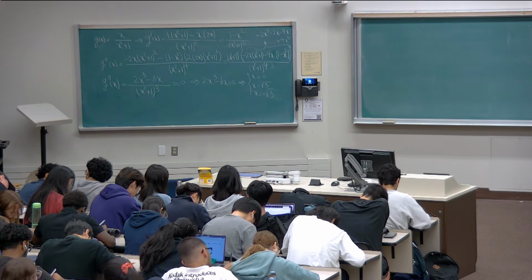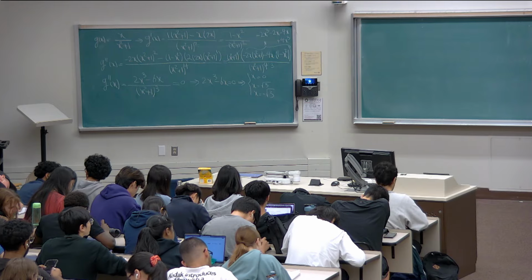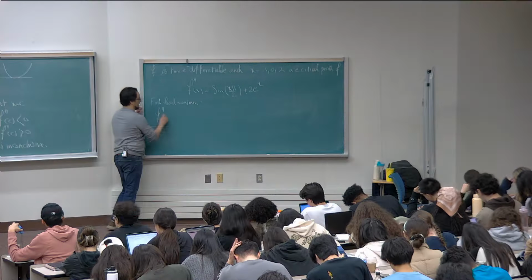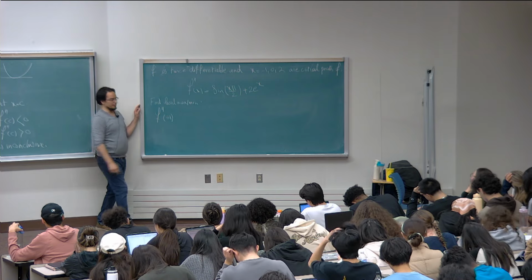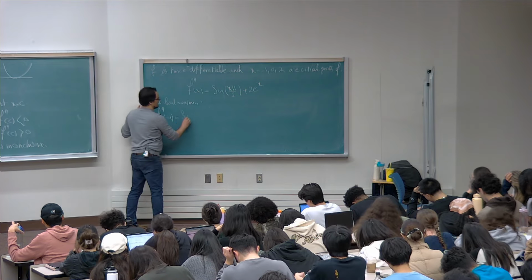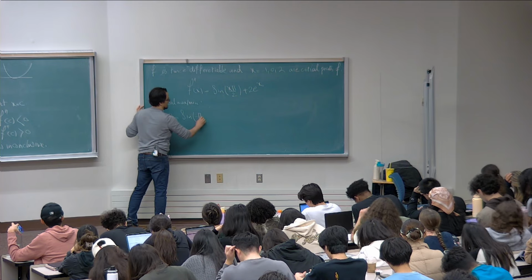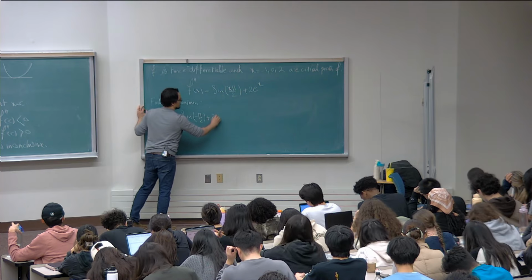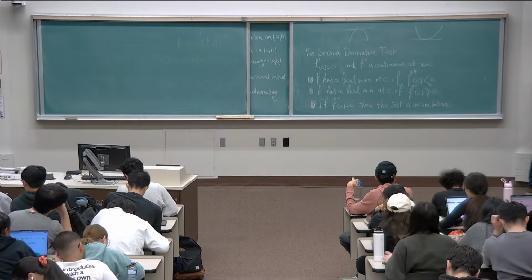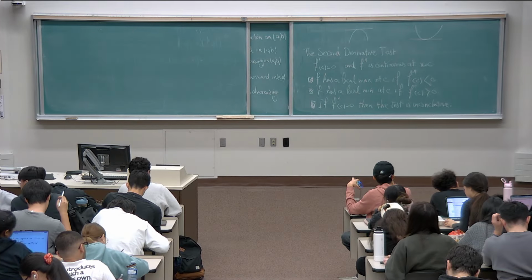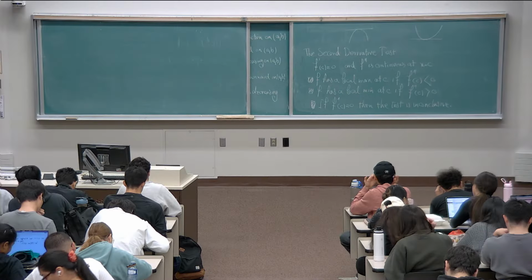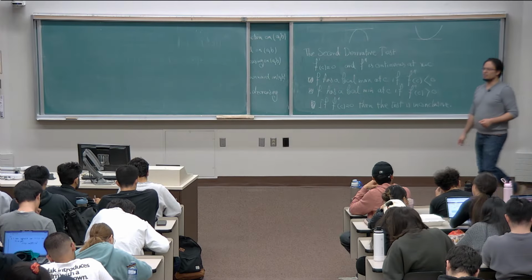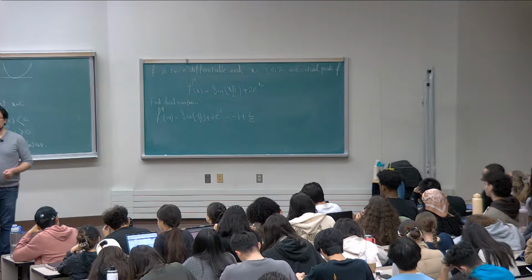We know the critical points, so we just need to plug into our second derivative. At negative 1, this is going to be sine of negative pi over 2 plus 2e to the power negative 1. This is negative 1 plus 2 over e. Is this a positive number or negative number? Negative.